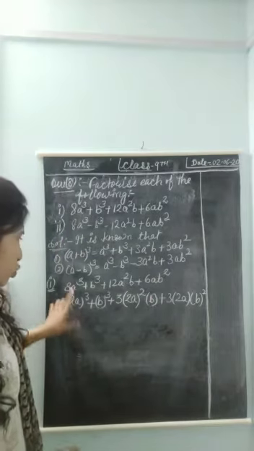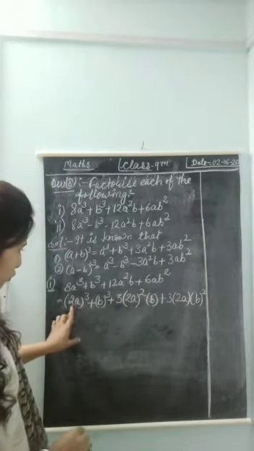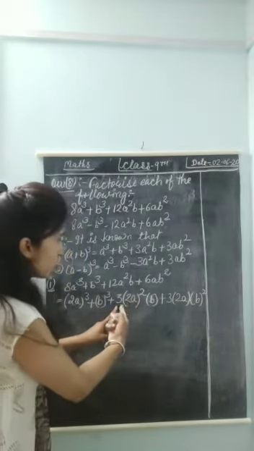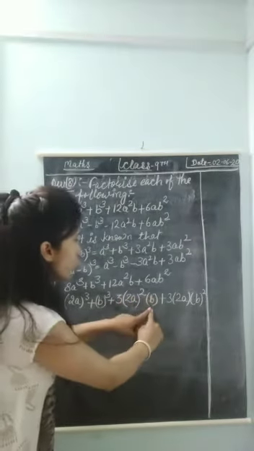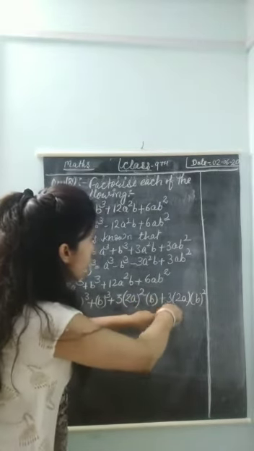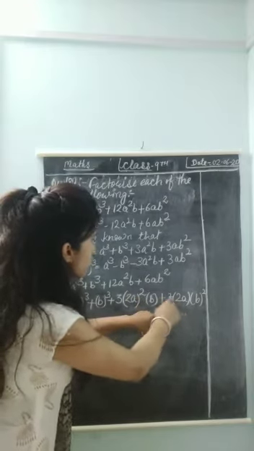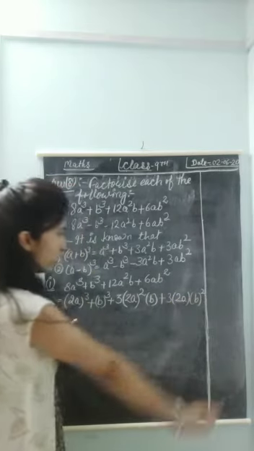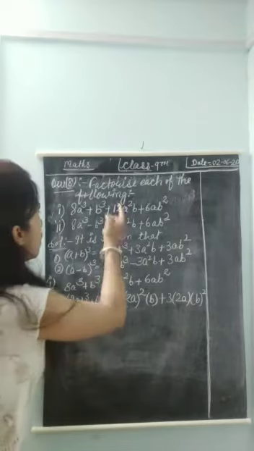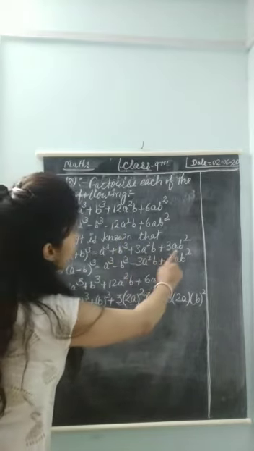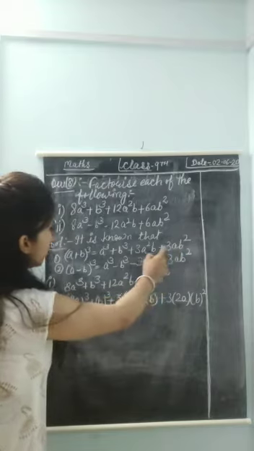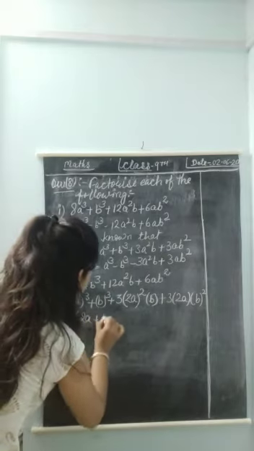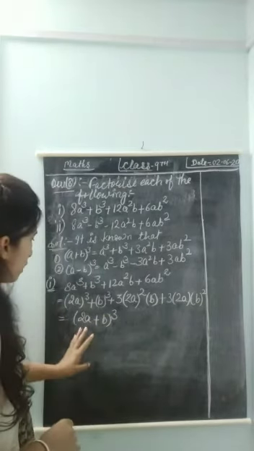So a cube plus b cube plus 3a square b plus 3ab square with a as 2a gives 12a square b plus 6ab square. From this we have proved the identity, and the left hand side is (2a plus b) cube.